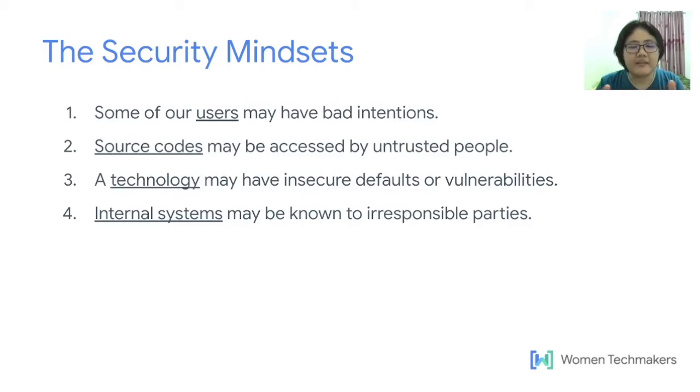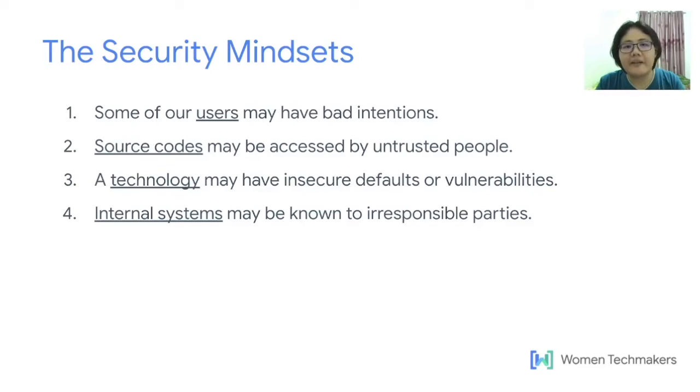And by this, you have to make sure that in your source code there is no secret that these people can use for exploitation. The third one is that technology may have insecure defaults or vulnerabilities. So next time you're using a technology, make sure that you're using it in a safe configuration. And if it has some vulnerability, try to research how to mitigate it.